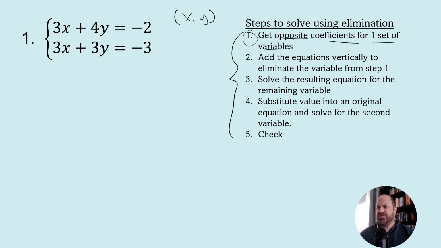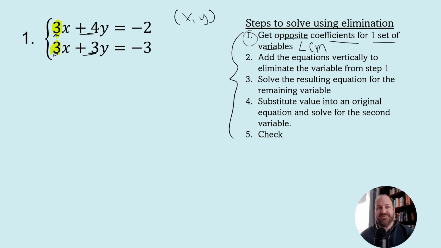So let's look at our variables here and look at the coefficients for each variable. We've got 3x, coefficient of 3, coefficient of +4, +3, and +3, right? We want to figure out which is the easiest coefficient to make opposite. So we're thinking about basically least common multiples. Well, we notice that here we already have a 3 and a 3, so those are already the same value.